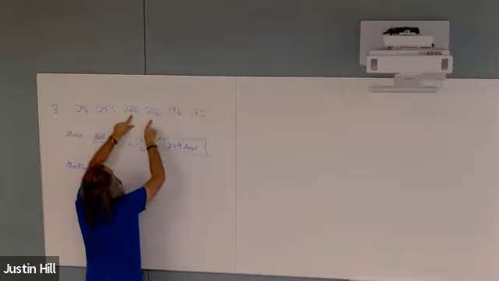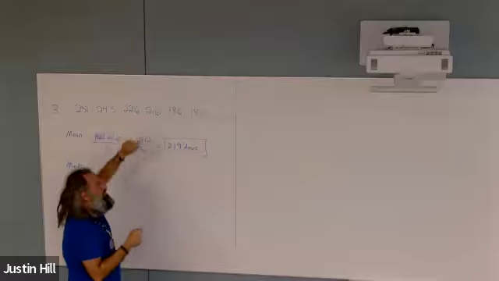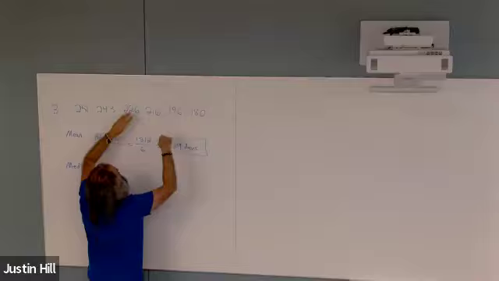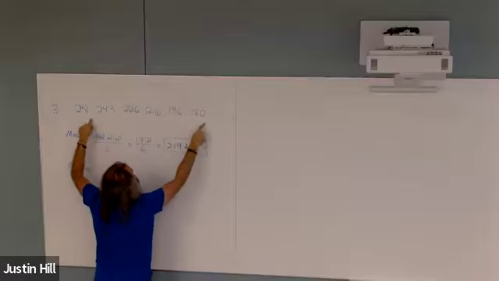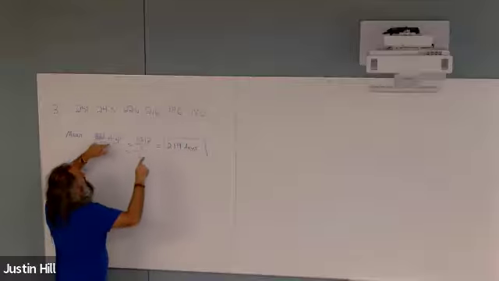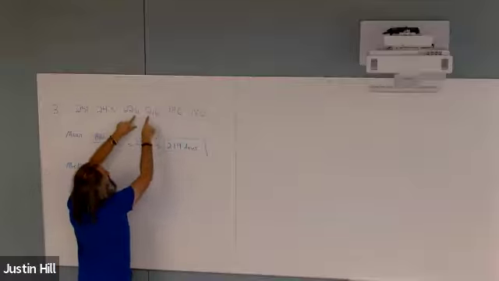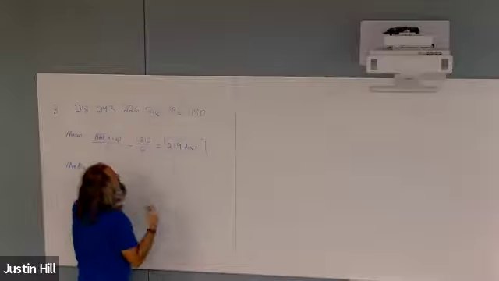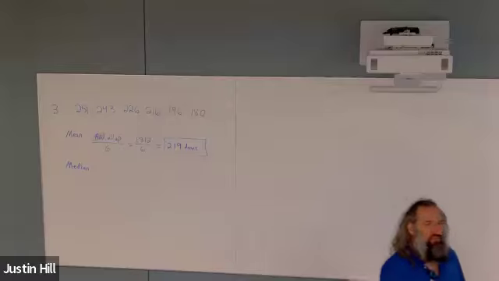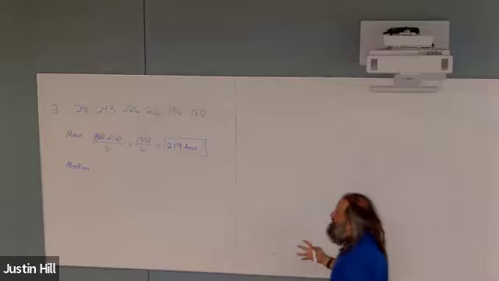Notice you run into a problem finding the median here, because there's an even number of data points, so neither of these is in the middle. You'd knock those off too, and then you're left with no number there. That doesn't make any sense.